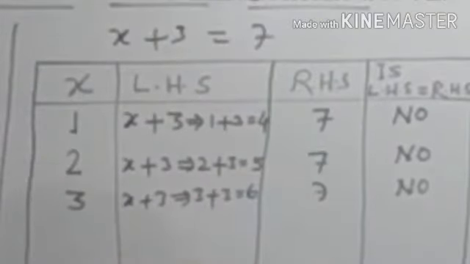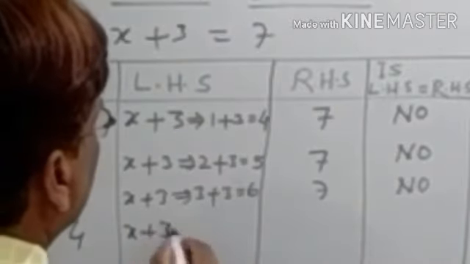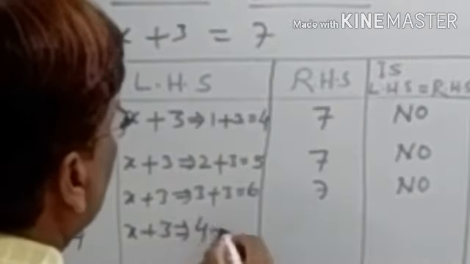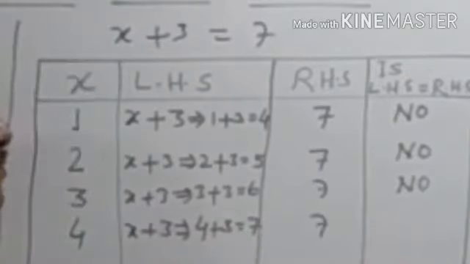Okay, so x is equal to 4, x plus 3, 4 plus 3 is equal to 7.